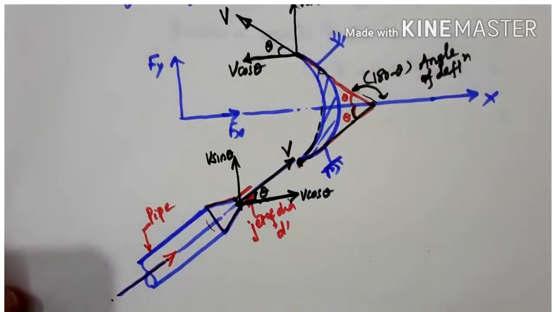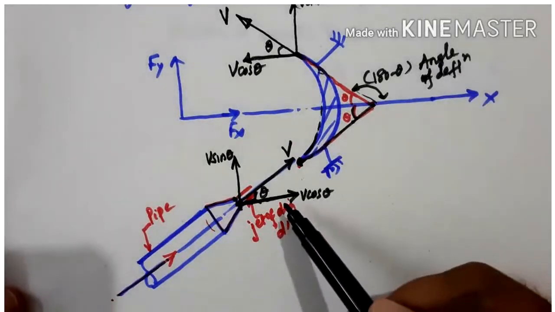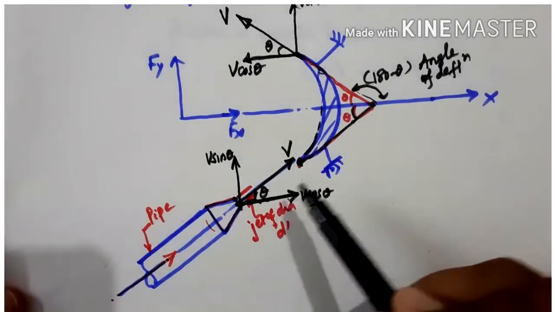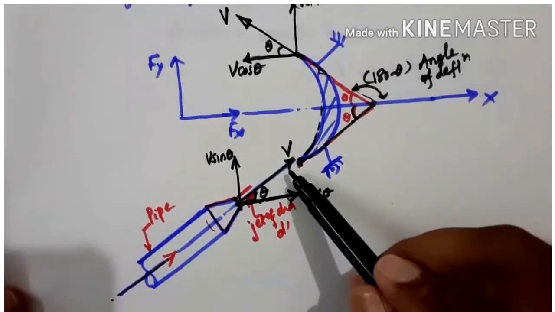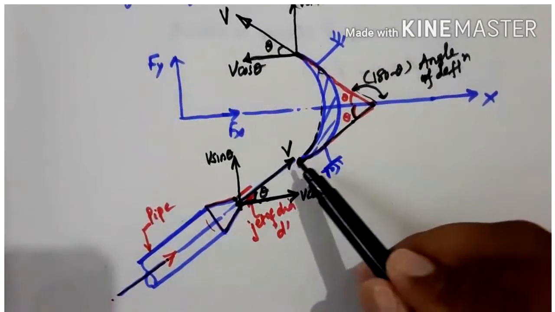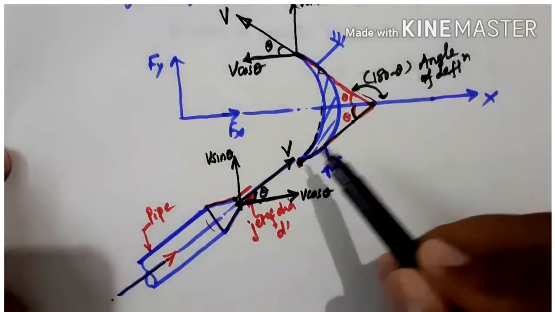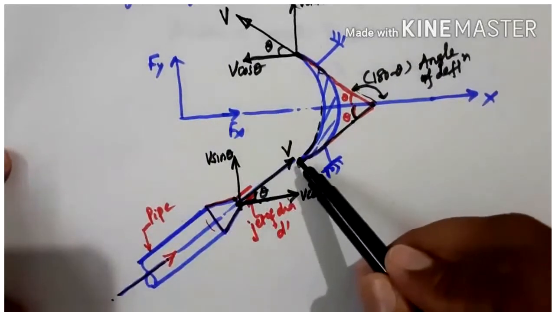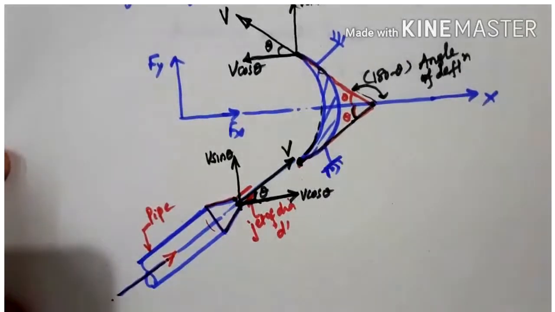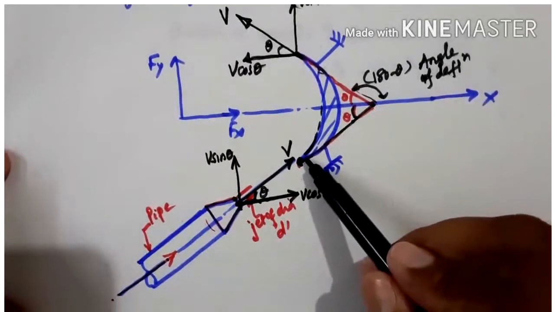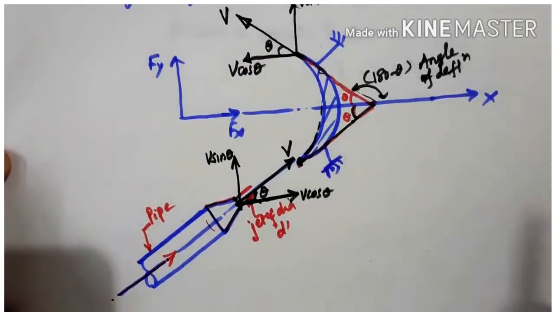In this case, let us consider a jet of diameter d coming out of the nozzle with a velocity v, striking a symmetrical curved vane at one of the tips.